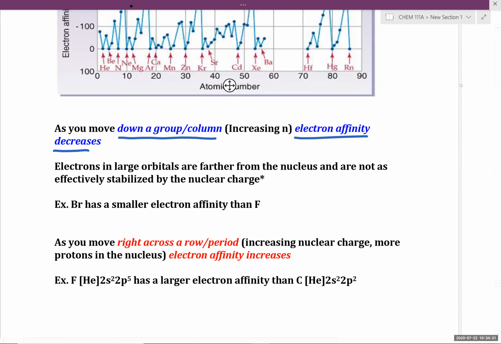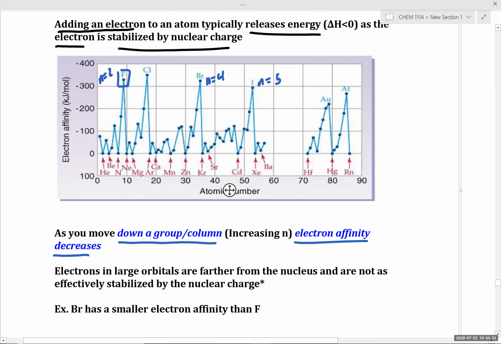Now, further, looking at what happens as we move right across the periodic table. Looking at just a snapshot in one row of the periodic table, as we move to the right, what happens to our electron affinity? Does it increase or decrease?